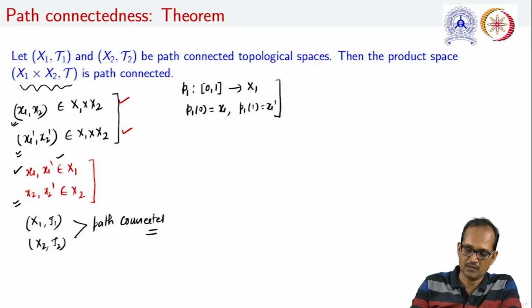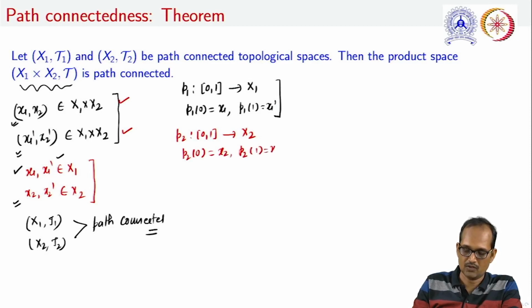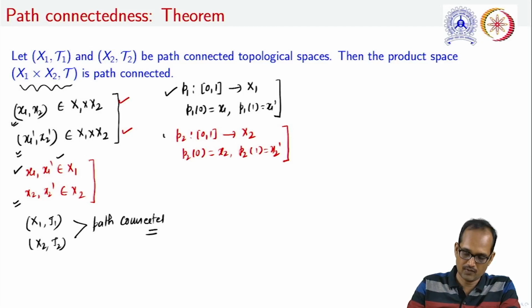Similarly, we can take another path p2 from the closed interval 0 1 to X2 such that p2(0) is x2 and p2(1) is x2 dash. Further, both p1 and p2 are continuous.